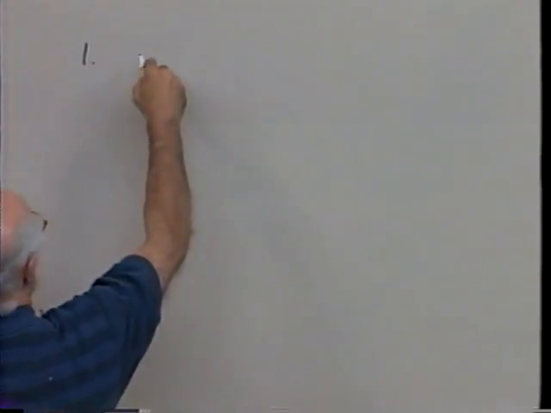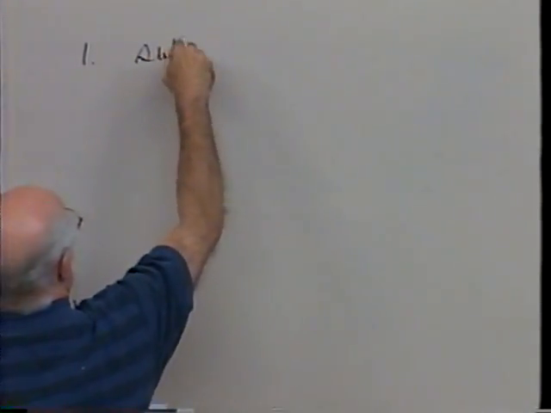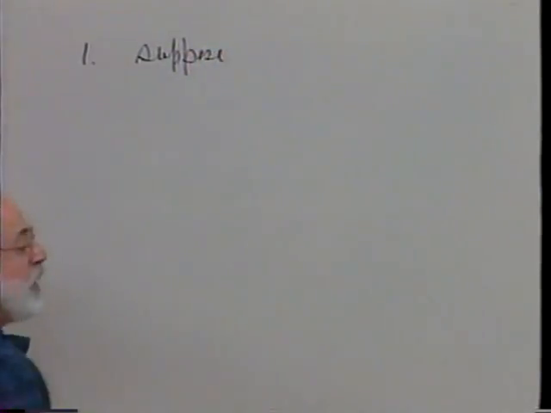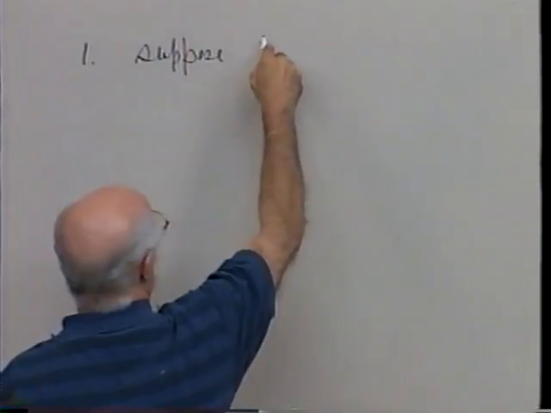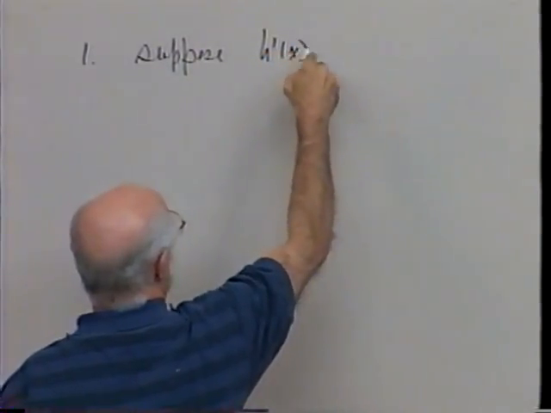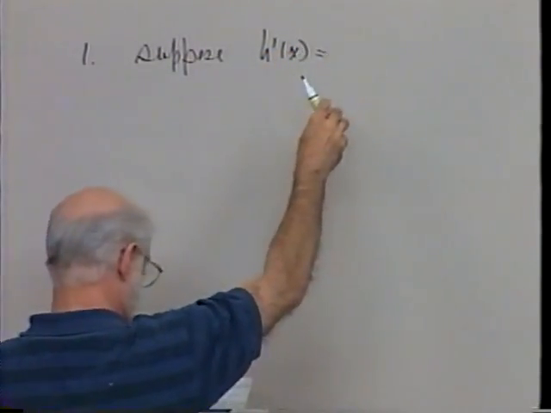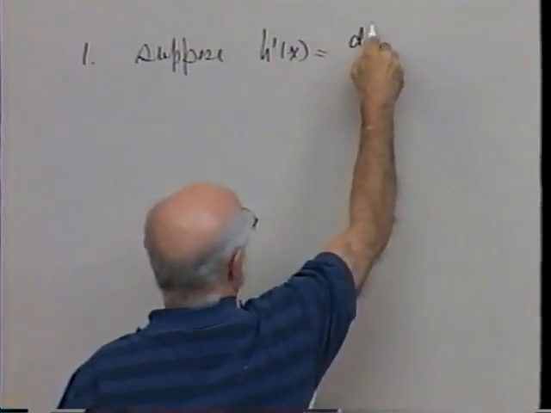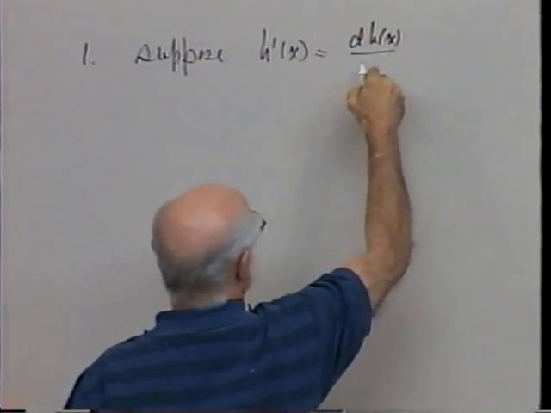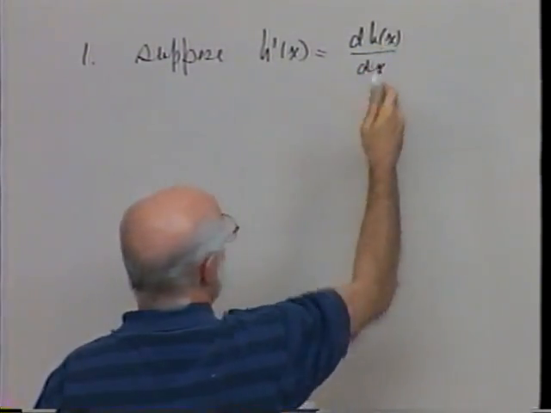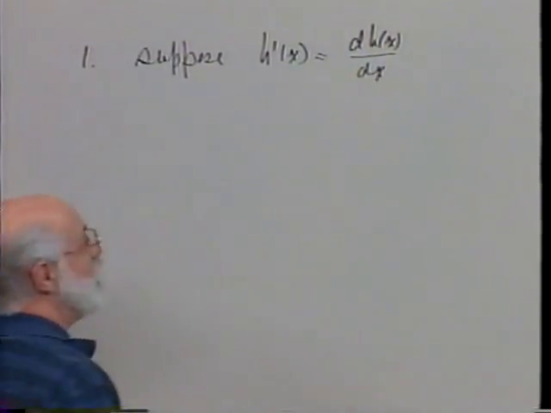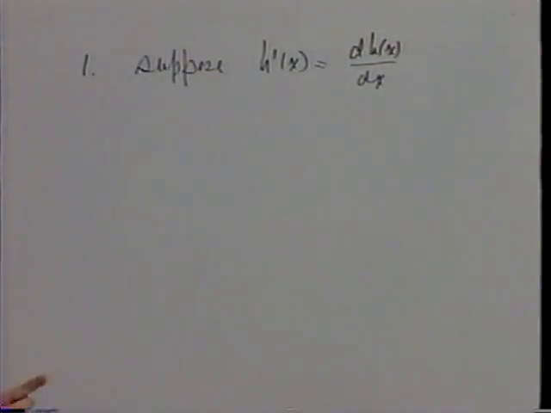It says that, suppose, of course there are some other conditions about continuity and all that kind of stuff, but suppose that h prime of x is the derivative of h. In other words, we suppose that the function with respect to which we're integrating is differentiable, and we'll call its derivative h prime.